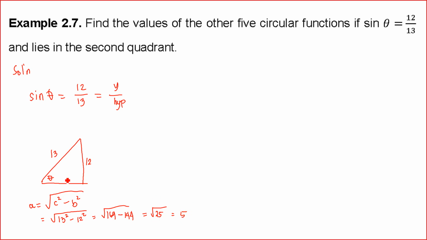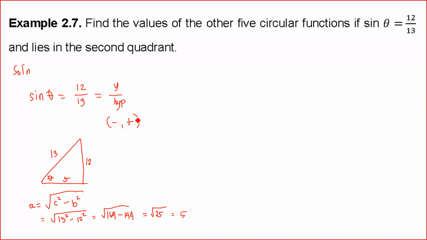Now take note that the theta lies on the second quadrant. Therefore, on the second quadrant, the nature of the points is negative, positive. Therefore, our x must be negative and our y must be positive.